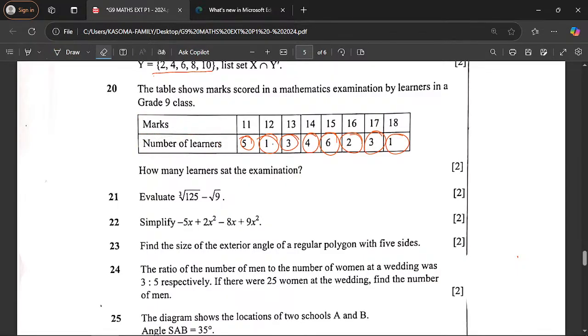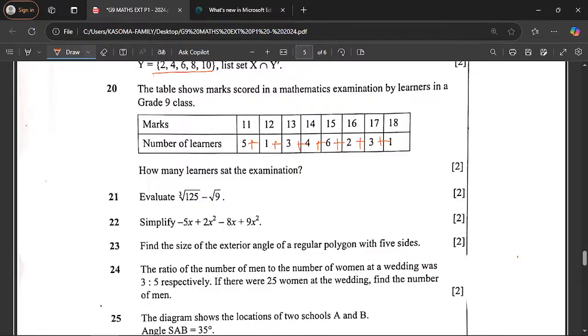Okay, so for us to find how many learners sat for the exams, what we need to do is just add these numbers. You don't even need to waste time thinking. Just add these numbers.